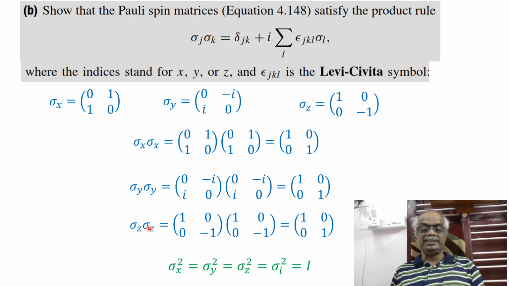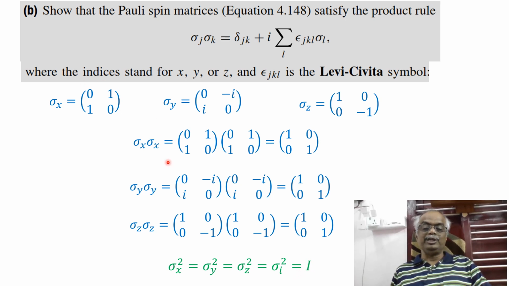So sigma z into sigma z, that also will become 1 0 0 1. That is, all the products are the unit matrix. That is sigma x squared is equal to sigma y squared is equal to sigma z squared. In general, we can write this as sigma i squared is equal to the unit matrix.